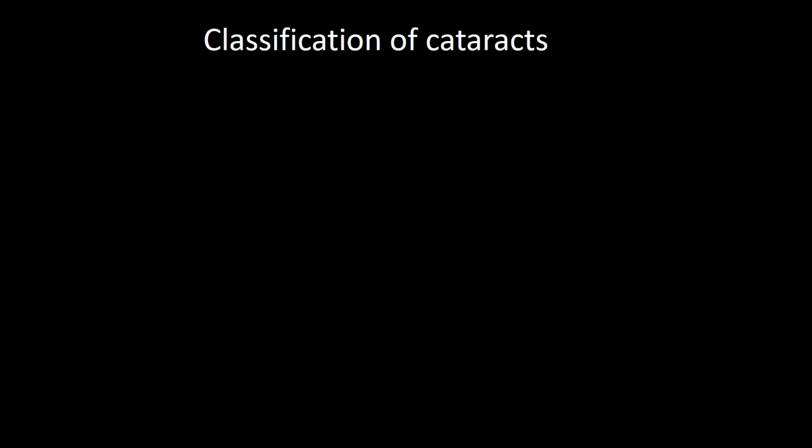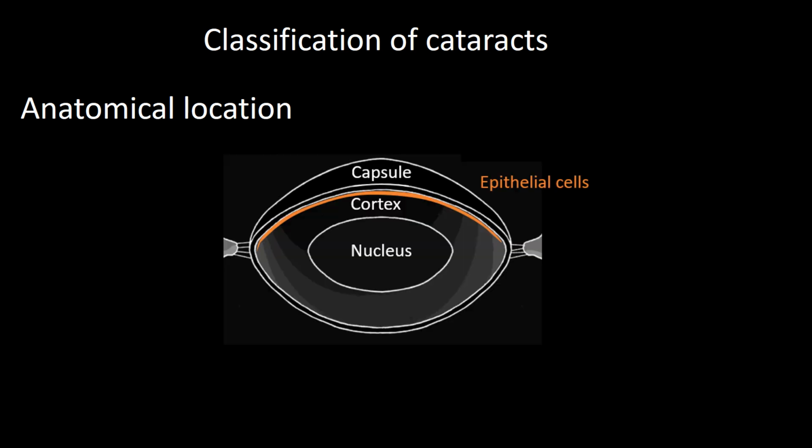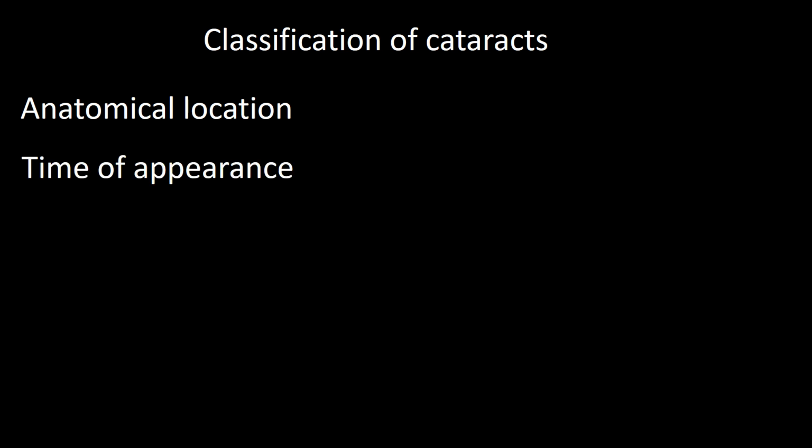Cataracts can be classified by their anatomical location. We thus can talk about capsular, subcapsular, cortical, nuclear, anterior or posterior cataracts, according to their time of appearance. Congenital cataracts are present at birth, although at times not detected immediately after birth.